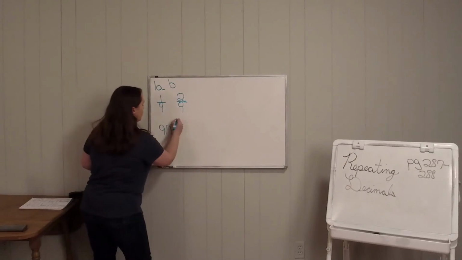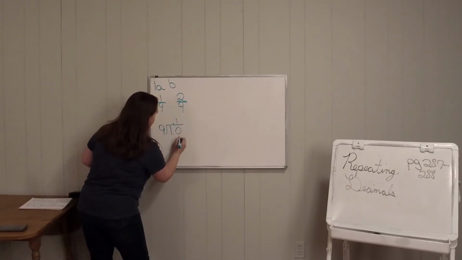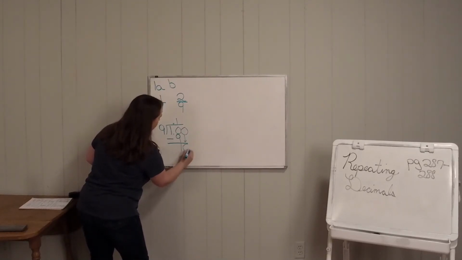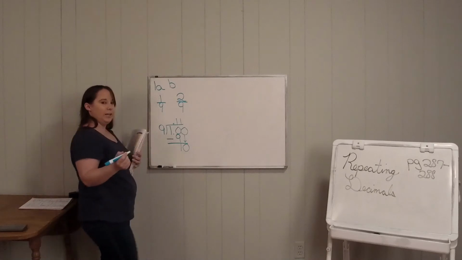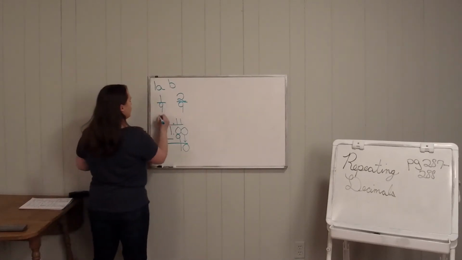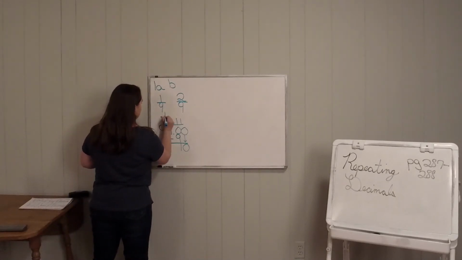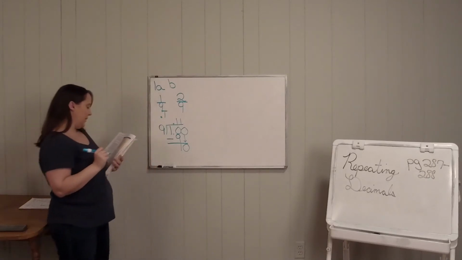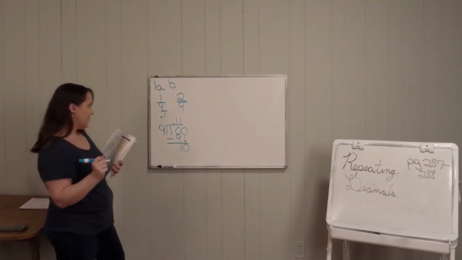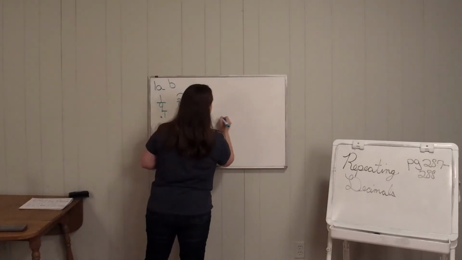We know it's going to go 1 time. And we can already tell it's going to keep repeating. So 1 ninth is decimal 1 repeating.